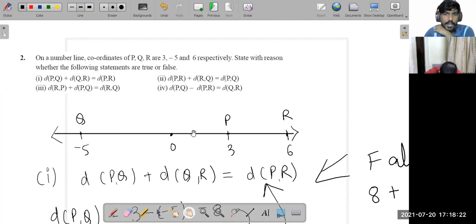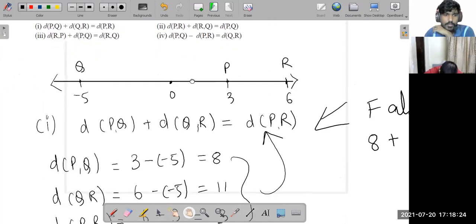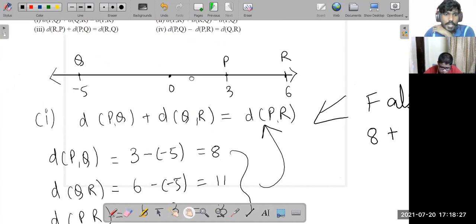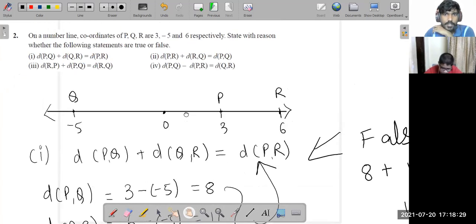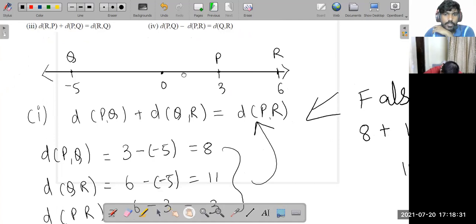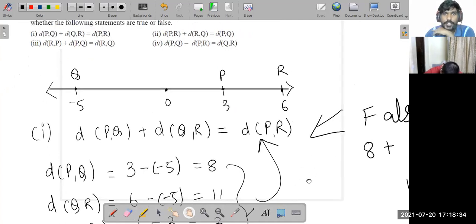Yes, and RQ is 11, and PQ also we found out is 8. So you just have to substitute in that.